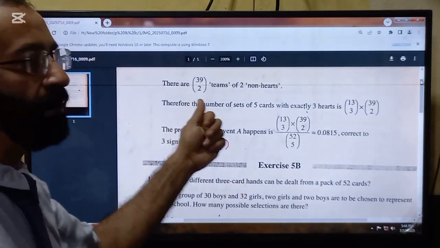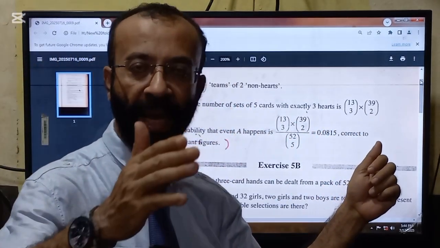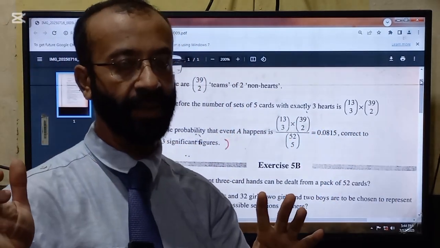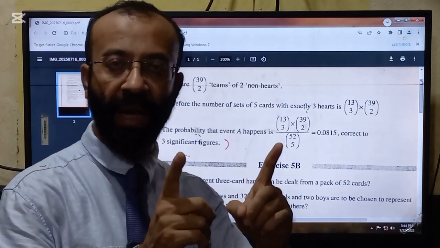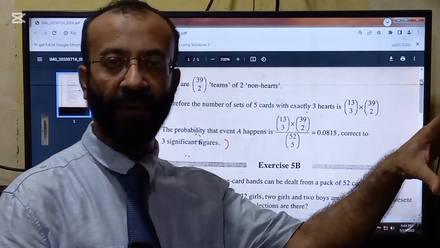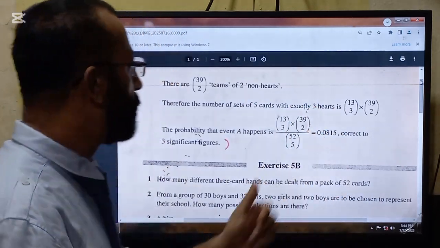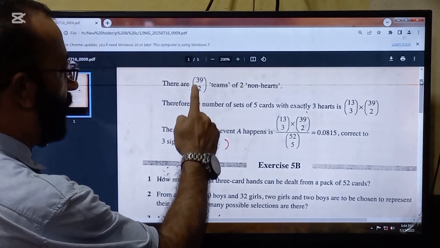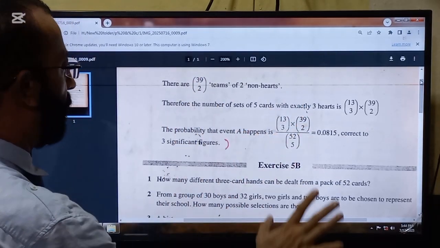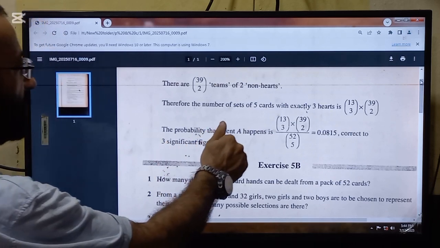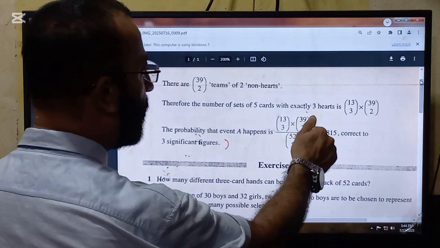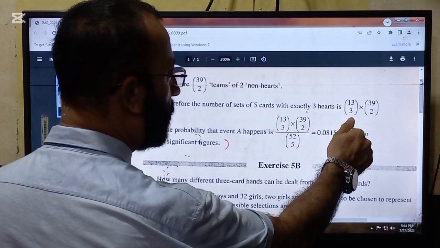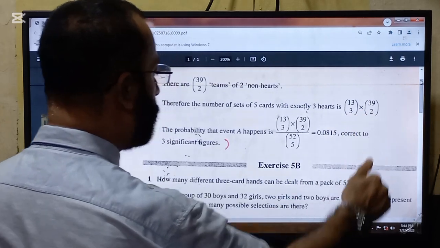Now, 2 cards will be chosen from the remaining 39 cards, because 39 cards will be left in the standard pack. So there are 39C2 sets of 2 non-hearts. Therefore, the number of sets of 5 cards with exactly 3 hearts is 13C3 times 39C2.